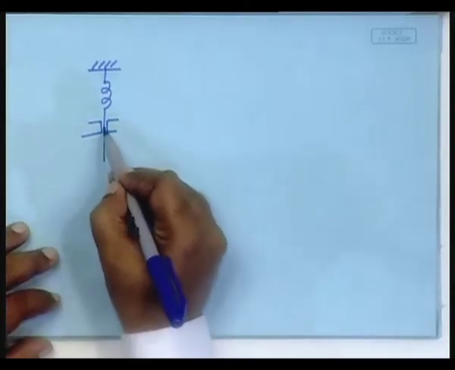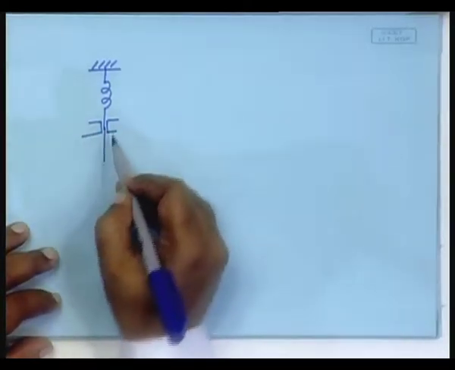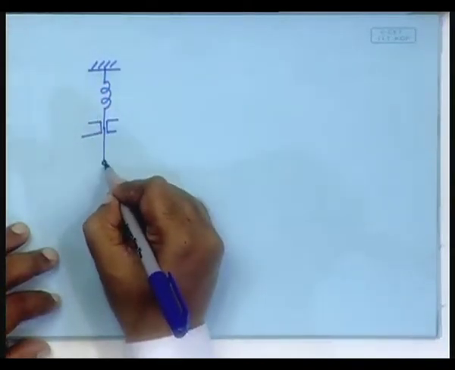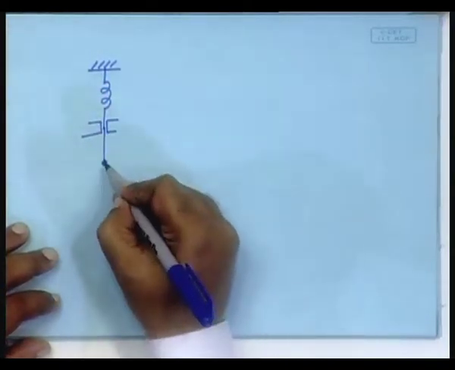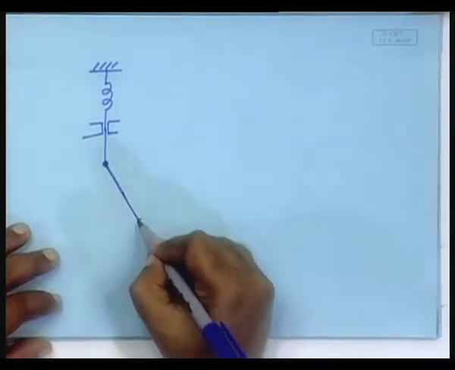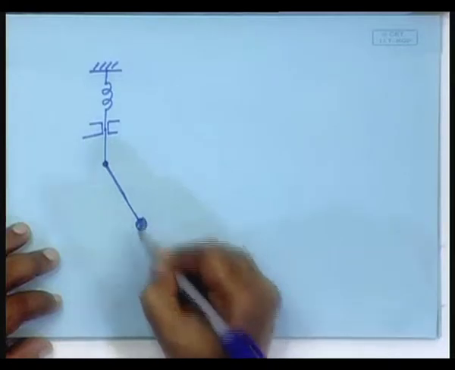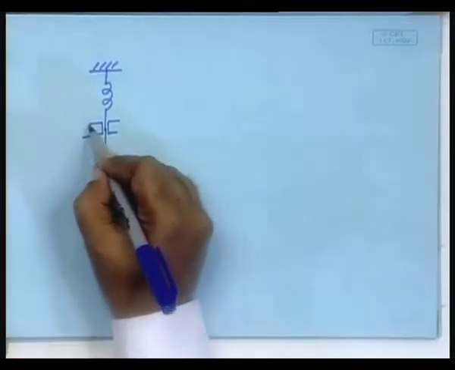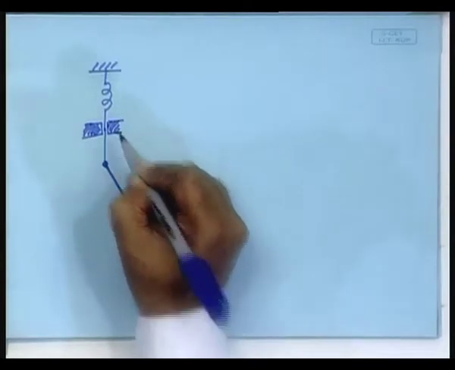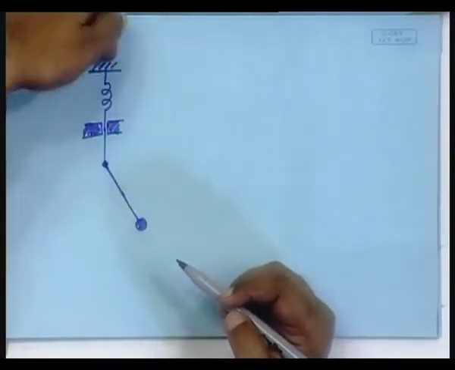So, that this is not allowed to move this way, it is only allowed to move that way. And here you have a point of suspension from which the pendulum is hung. So, this is a guide that allows it to move only up and down.